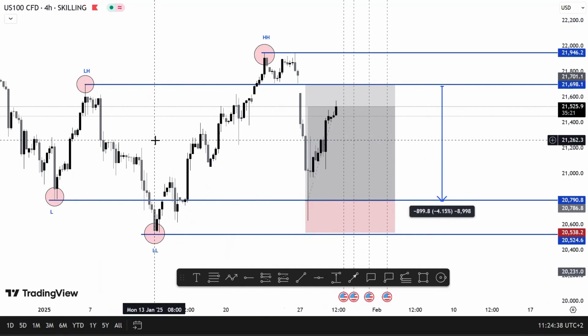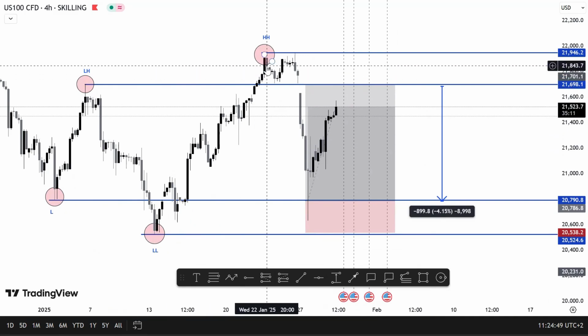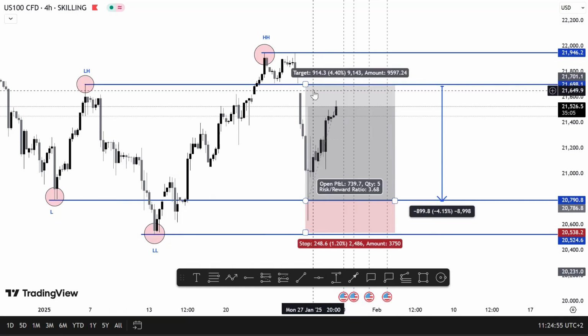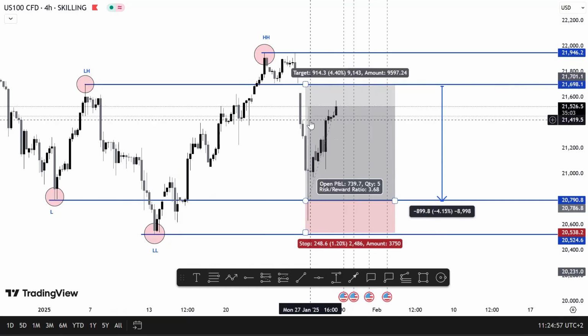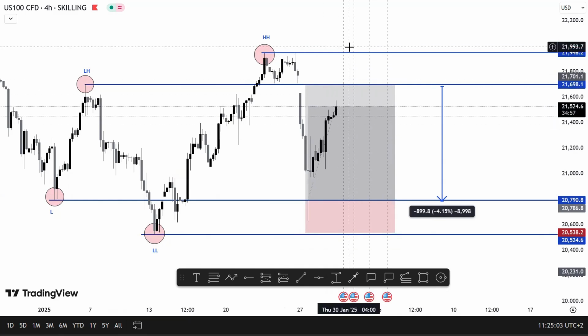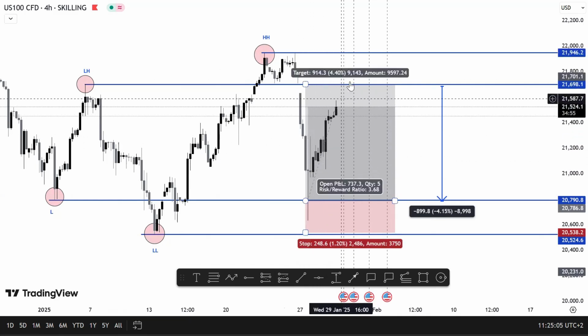So as you can see, ever since the 13th of January, I saw this movement. The first entry was done by the 22nd, then the second entry was done by the 27th. So it goes to show you this third entry will be done also, as the market, as you can see, is going back up.